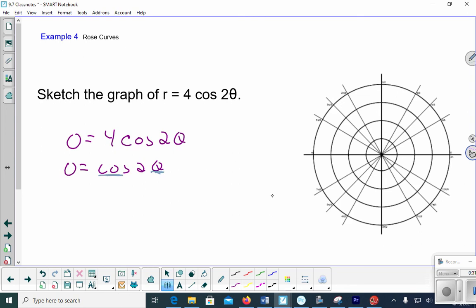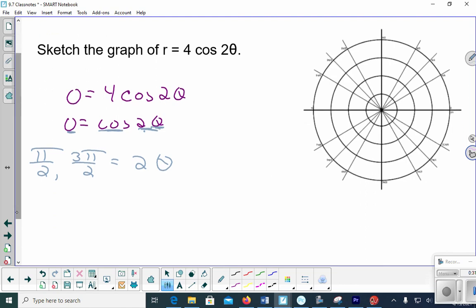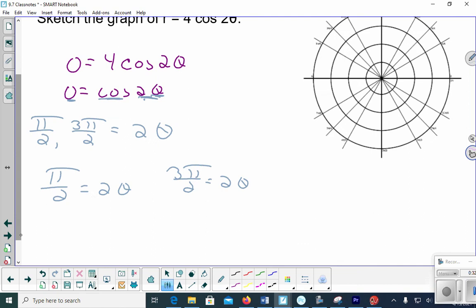Well, the cosine is equal to 0 at pi over 2 and 3 pi over 2. That's when the cosine is equal to 0. So this is equal to 2 theta, because I have to still take into account that 2. So I'm going to say pi over 2 is equal to 2 theta, and 3 pi over 2 is equal to 2 theta. So when I divide both sides by 2, I'm going to get pi over 4, and I'm going to get 3 pi over 4.